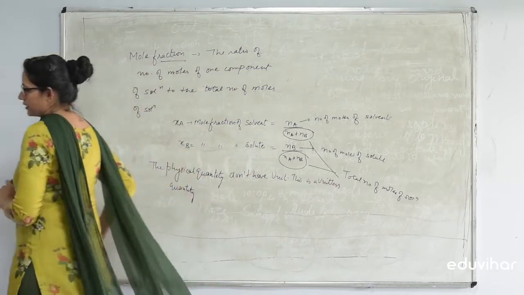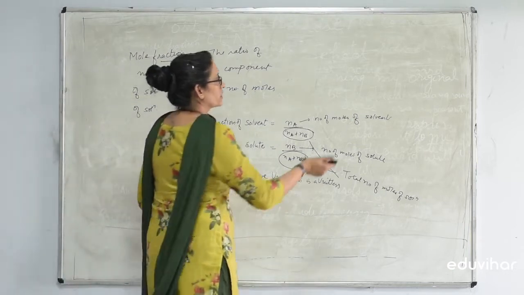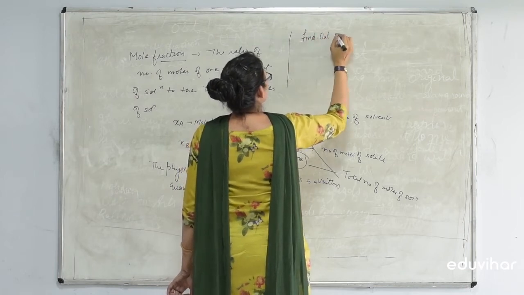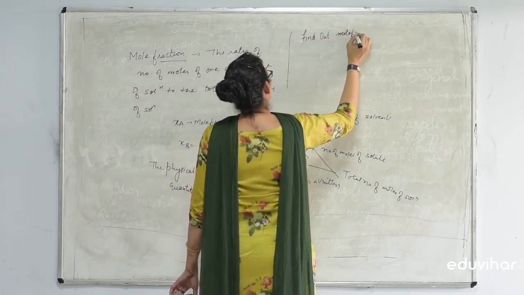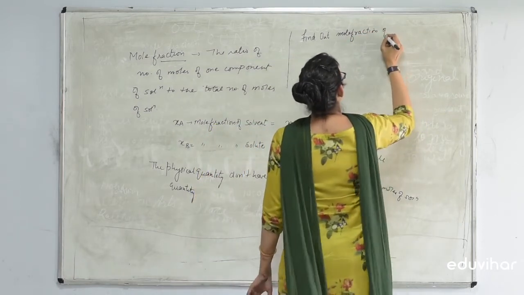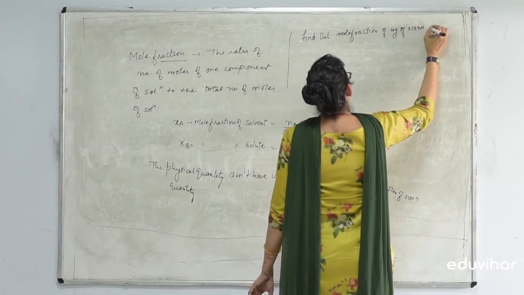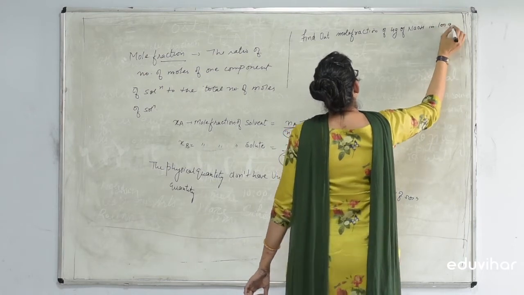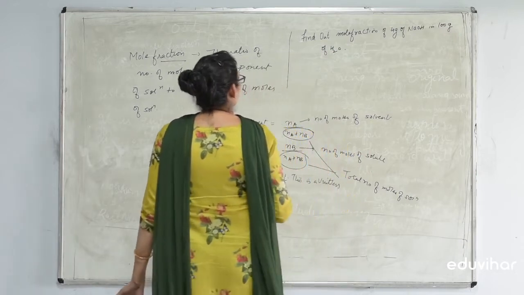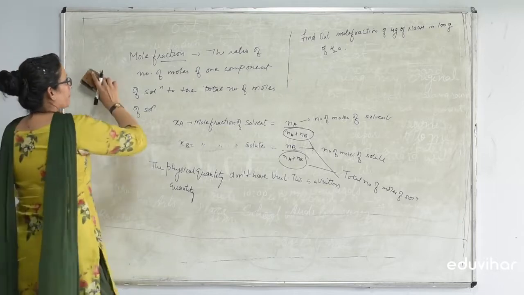Let's start with a numerical. Find out the mole fraction of 4 gram of NaOH in 100 gram of water.